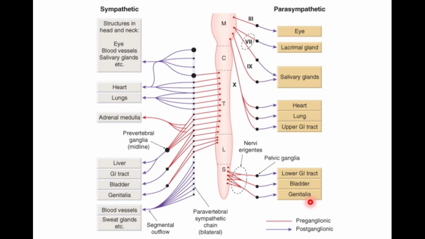Therefore, please revise the effect of the autonomic nervous system on these organs, because these organs are the site of action of so many drugs, and without understanding how sympathetic and parasympathetic activity will alter the response of these organs, learning autonomic pharmacology would be very tough.